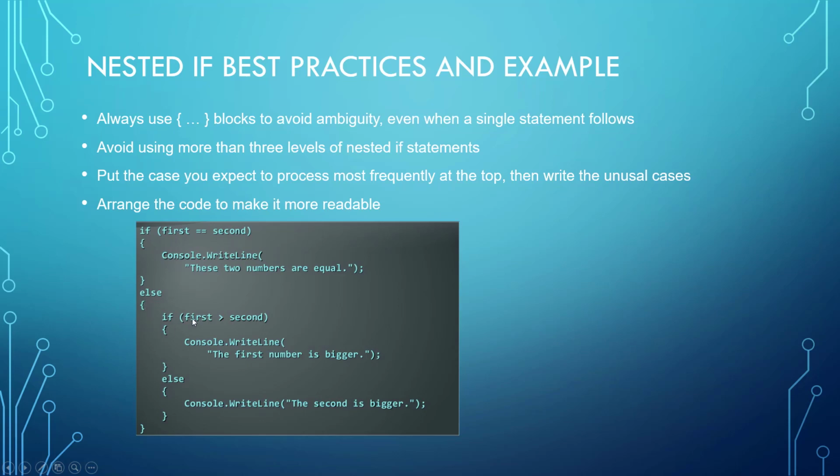Then it would check to see, okay, is first greater than second? If first is greater than second and that evaluated to true, then we would write to the screen the first number is bigger. Otherwise, the second number is bigger. And so this is an example of how you would use a nested if inside of an if-else block. Okay, let's go ahead and move on.